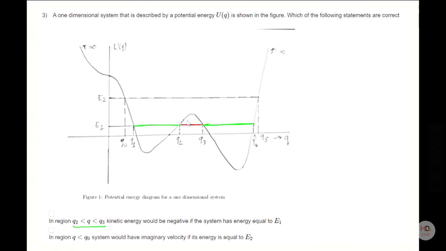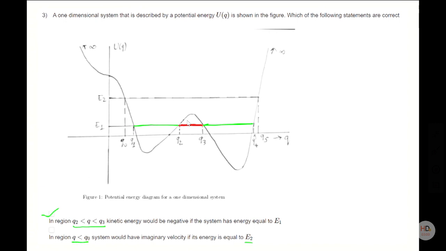And that is correct, right? Because this is not allowed. Total energy is less than the potential, which means kinetic energy is negative. So this is correct.